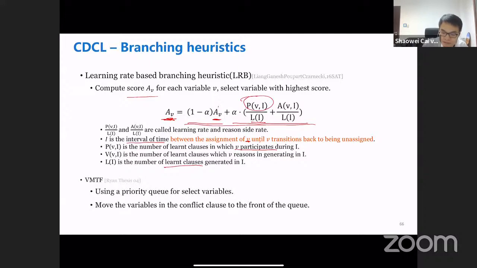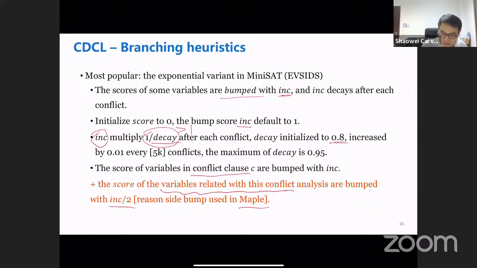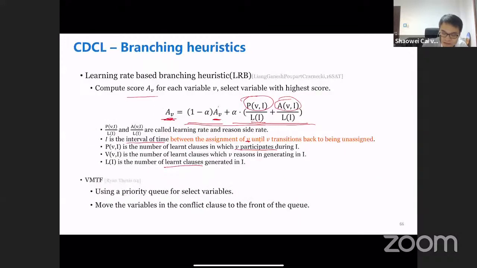Okay, and this A(V,I) here is the reason side rate. P(V,I) counts the number of learned clauses where V participates, and A(V,I) counts the number of learned clauses where V is involved in the conflict analysis.